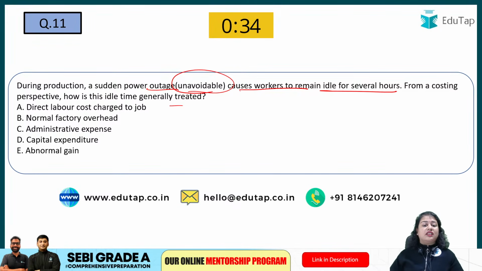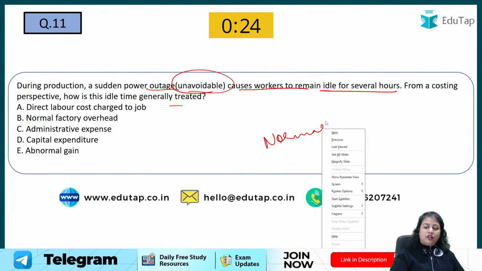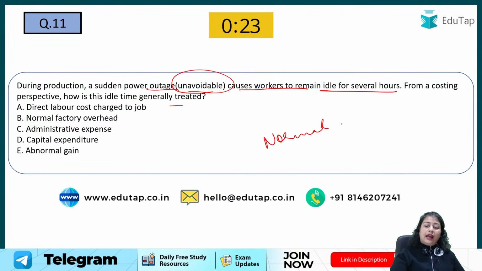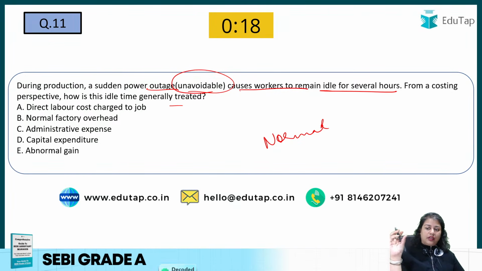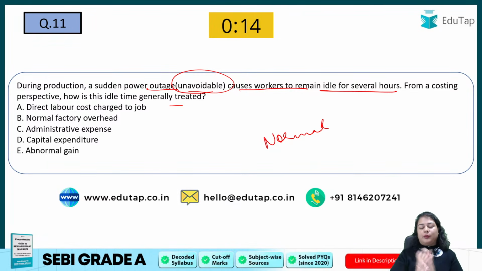But because this is unavoidable, will it be an abnormal loss or a normal loss? When it is unavoidable, this will be a normal loss, right? Normal loss, or you can say normal expense here, because it is idle time, the working hours got wasted, the working hours remained idle and therefore got wasted.